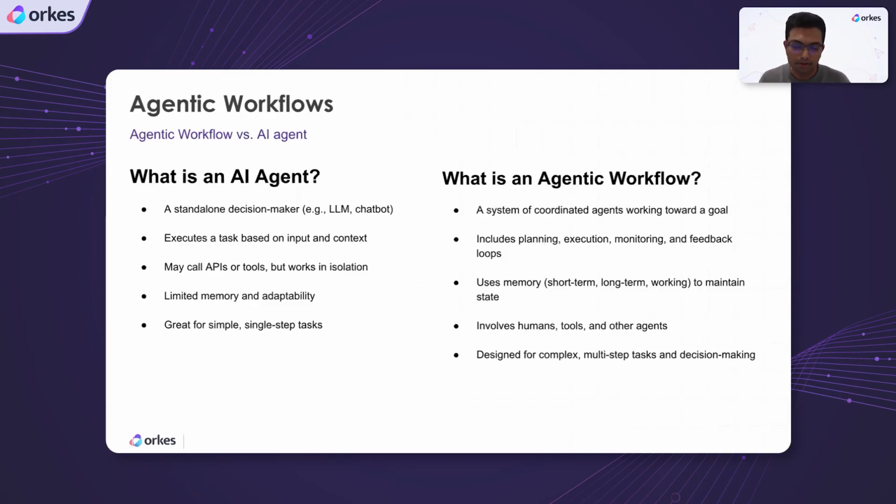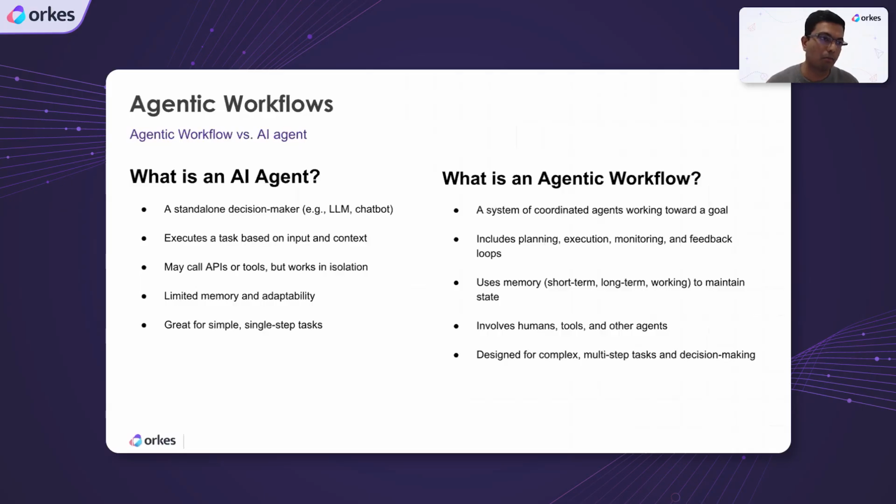An agentic workflow, on the other hand, orchestrates multiple agents like LLMs, humans, APIs, services into a coordinated process. It's goal-oriented. There's an input, there's a goal, and it runs through planning, tool selection, execution, and monitoring. It maintains memory. It includes feedback loops for self-correction, evaluation, and learning.